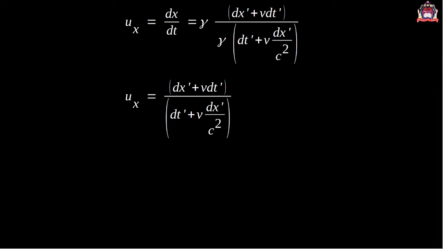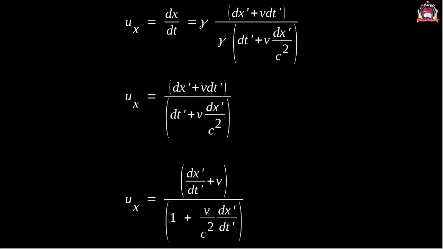Gamma gets cancelled, so ux is equal to dx dash plus v dt dash, whole divided by dt dash plus v dx dash by c square. Then divide by dt dash. So ux is equal to dx dash by dt dash plus v, whole divided by 1 plus v by c square into dx dash by dt dash.